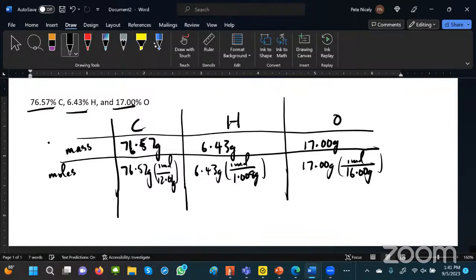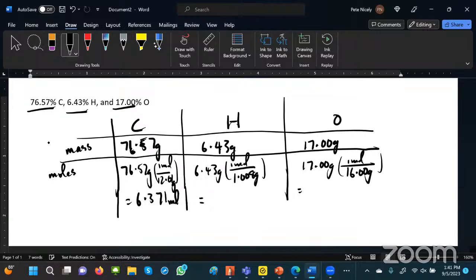All right. So now we need to do some number crunching in terms of calculating the moles in each case, starting with the carbon, 76.52 divided by 12.01. And according to my calculations, this works out to be equal to 6.371 moles.